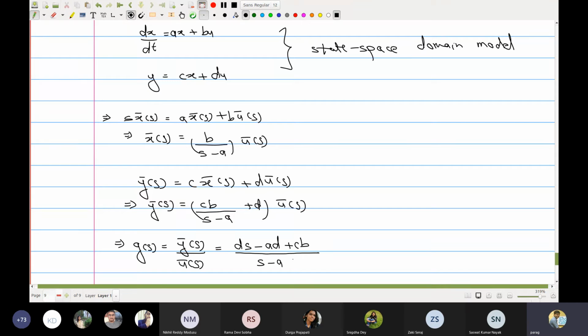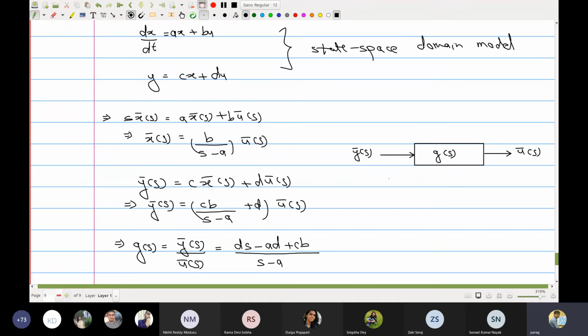And when I analyze this transform domain model, I do a very small but very interesting thing, and that would be that I obtain a diagram which looks like this, where you have y bar of s here, you have u bar of s here, and you have g of s here, right?